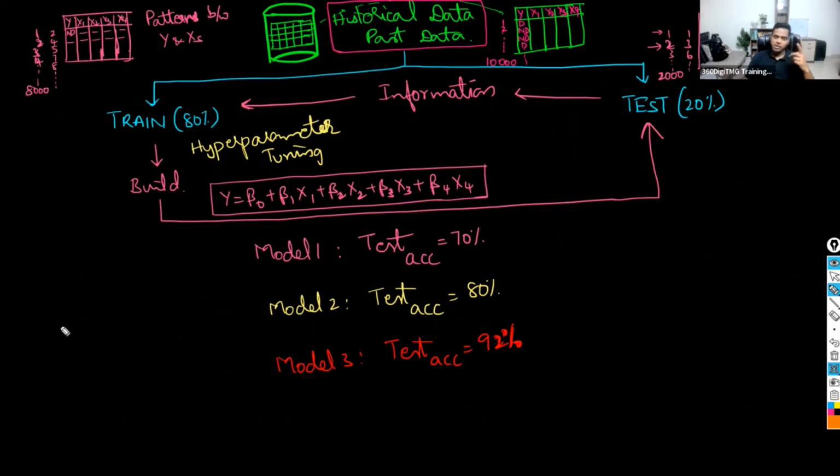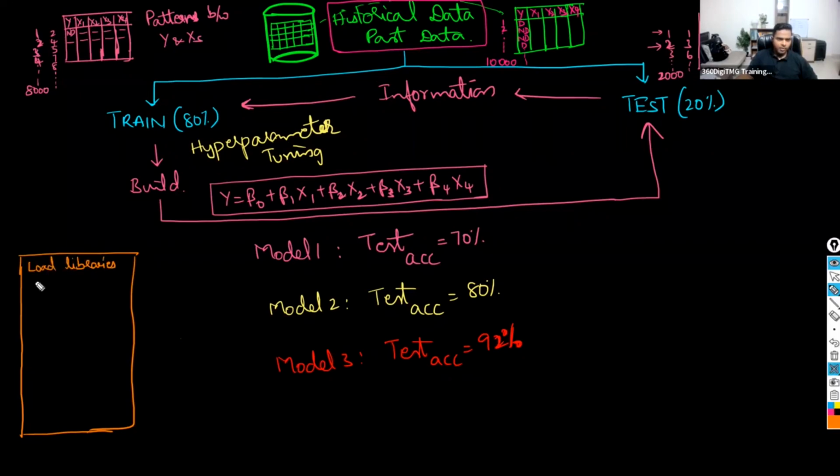The reason why I'm explaining this is because I want to drive a point here, and everyone has to pay heed. Pay attention, please. If you have Python code, what do you do? You load the libraries, you import the libraries.